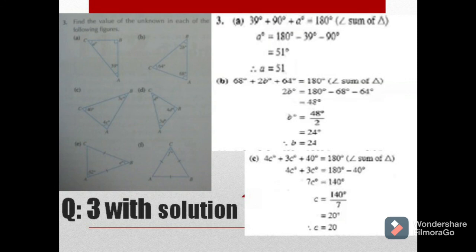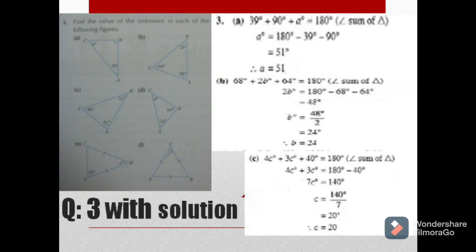And I also added 3C with 4C, because obviously if there are letters, we can add them. By adding 3C and 4C, I got 7C, and on the other side I had 140 degrees. Then I moved 7 to the other side so that the digits can be solved.